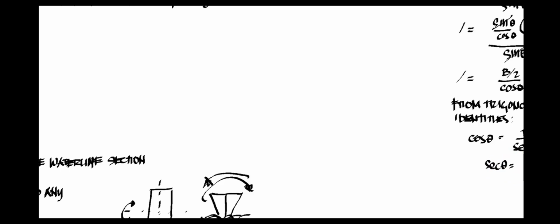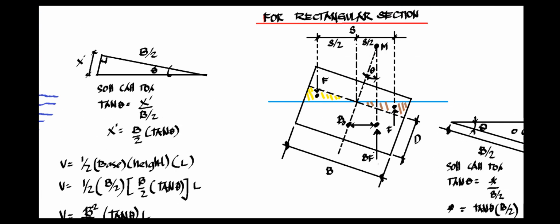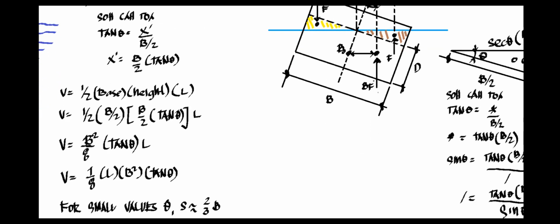Substituting that here, the value of your slash is equal to the secant of theta multiplied by B over 2. That will be the value of your hypotenuse here. So this is now secant of theta times B over 2.